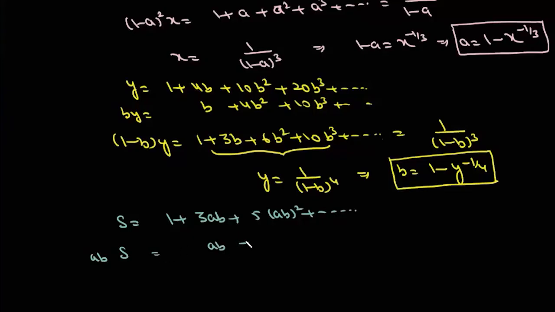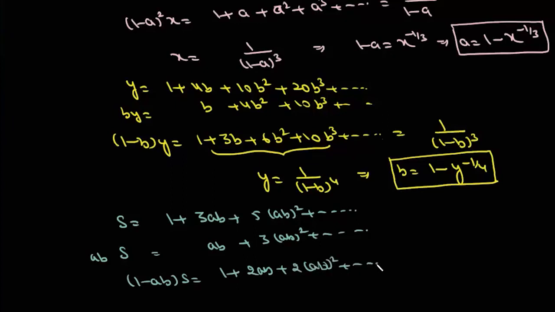So it will be this ab, and this is 3ab square up to infinite. Now we subtract second from first, we'll get 1 minus ab into s, and there will be 1 plus 2ab plus 2ab whole square up to infinite, and this is nothing but an infinite GP.